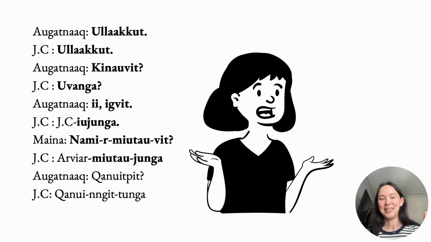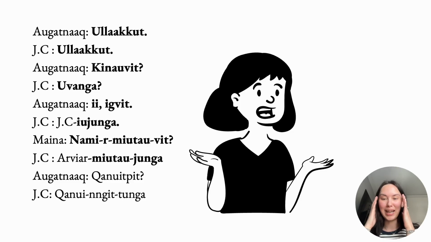So this is a basic conversation. It's good to practice saying it out loud. And in a couple slides, I'll have a blank version for you to practice saying it yourself. So one big block for a lot of people learning a new language is being shy to say it.